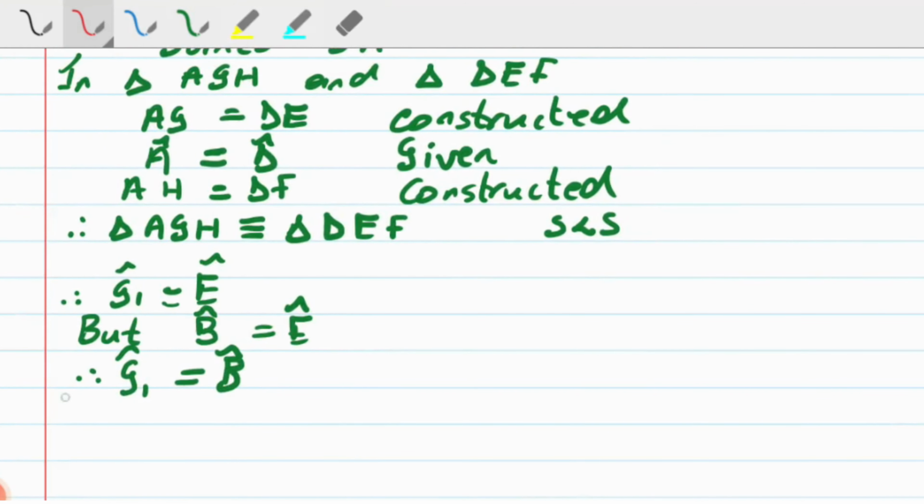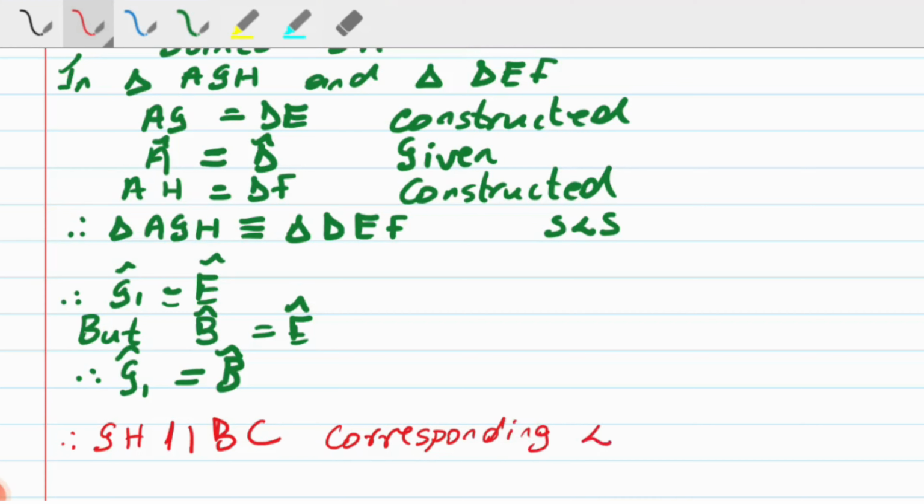So we just showed that GH is parallel to BC, as corresponding angles are equal.